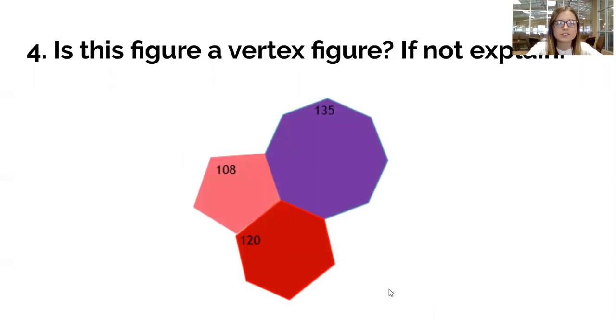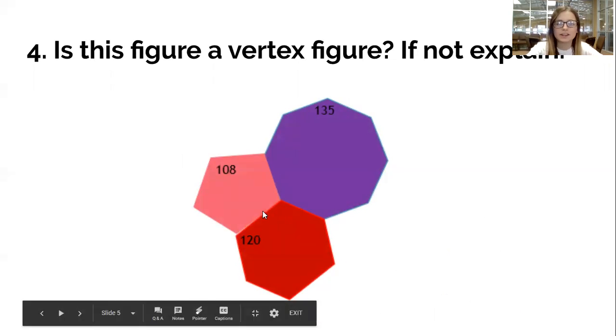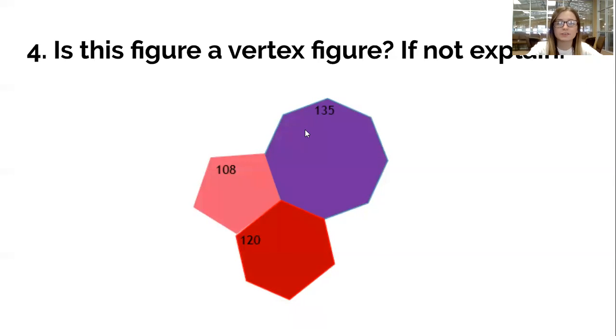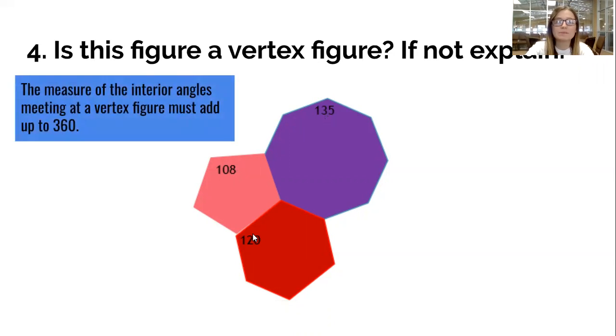So we have an octagon, a pentagon, and a hexagon with the interior angles equaling 135 degrees, 108, and 120. So we have to remember that the measure of the interior angles meeting at a vertex figure must add up to 360 degrees.